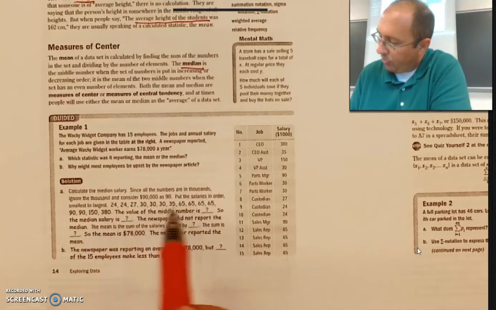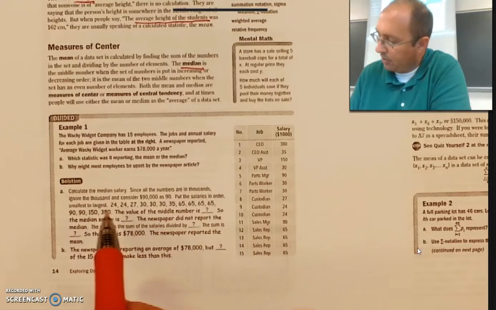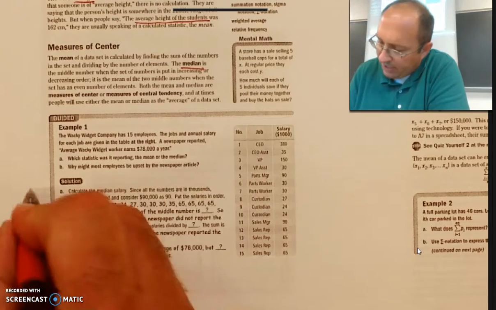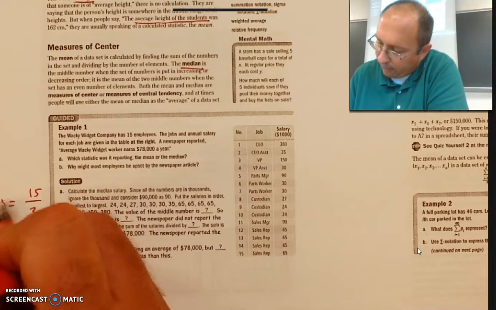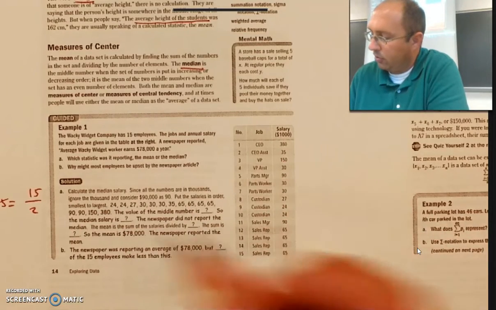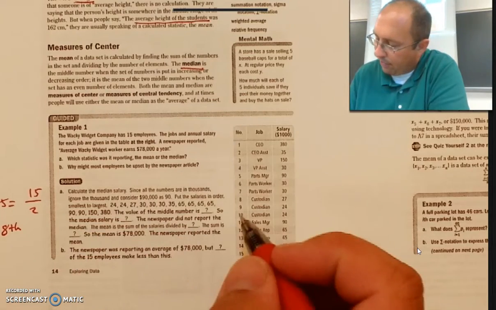Well, if you line up all the data values in increasing order, obviously they're not lined up in the table that way. If you line them all in increasing order, well, there's 15 of them, right? And if you cut that in half, that gives you 7.5. There is no 7.5th value in the data set, so we have to round up and go to the 8th data value.